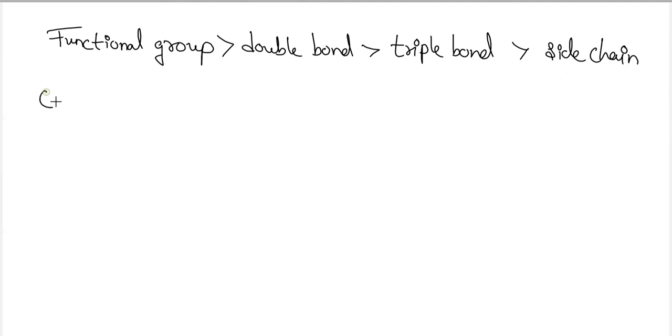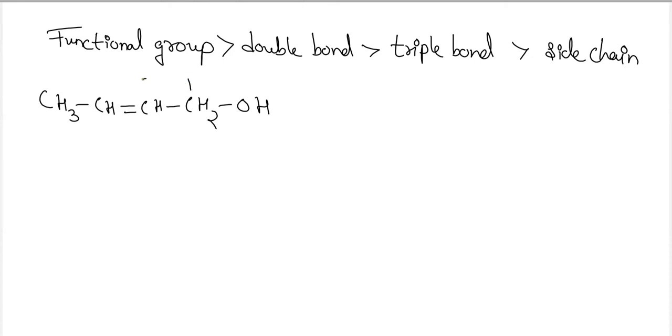So for this, let's take an example: CH3 CH=CH CH2 OH. Okay, so here as we can see our functional group is there and a double bond is also there.